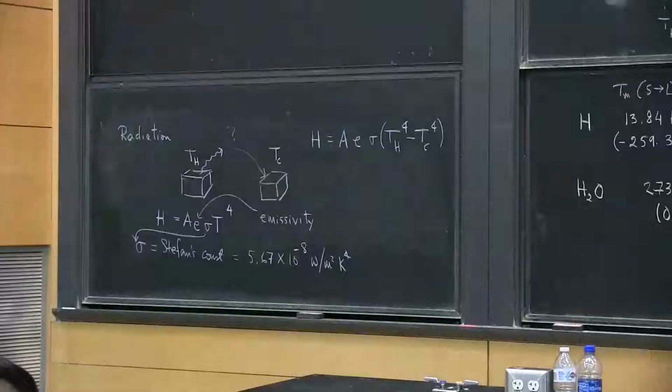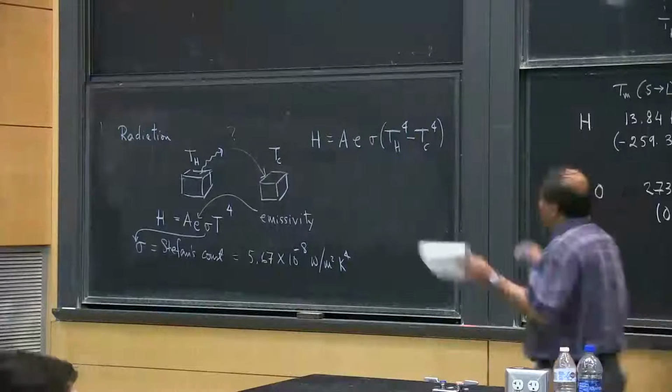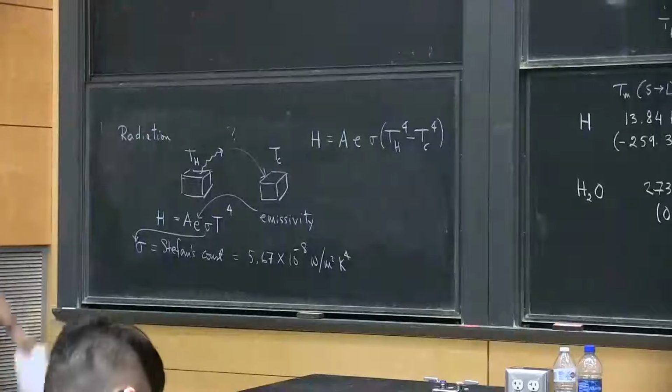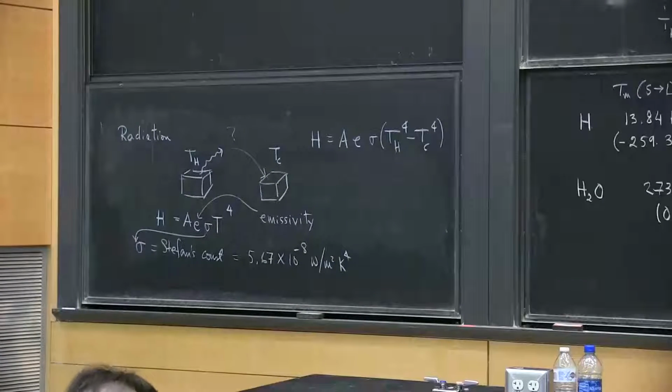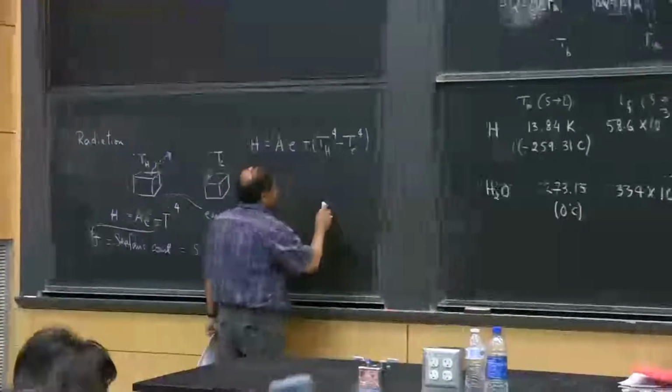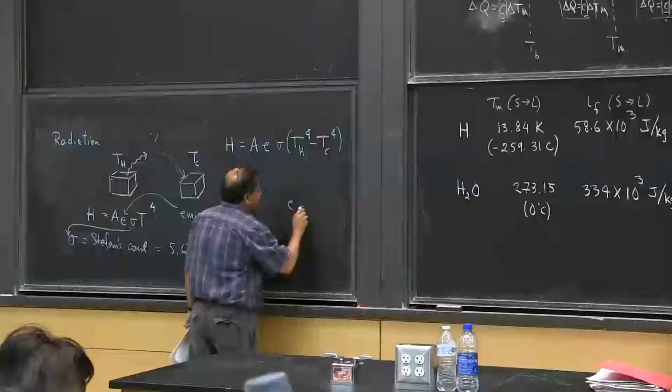So therefore, both the temperatures come in the following way. But if you don't have anything, you just have a hot object sitting in space, that will also be emitting, and its absolute temperature T comes in. So let me tell you a little bit about emissivity. So what does e equal to 1 mean?